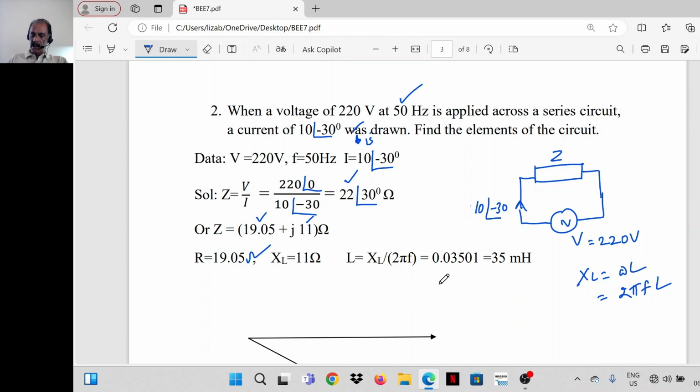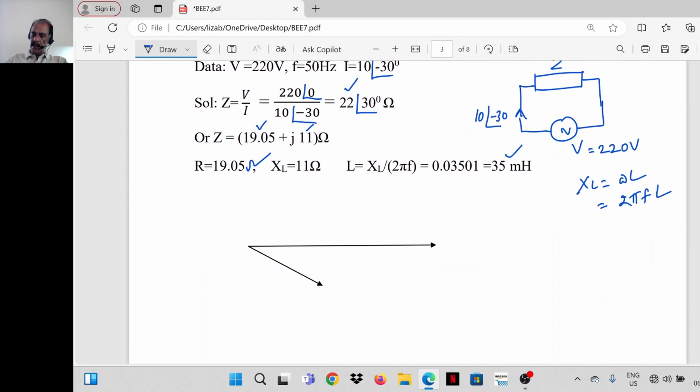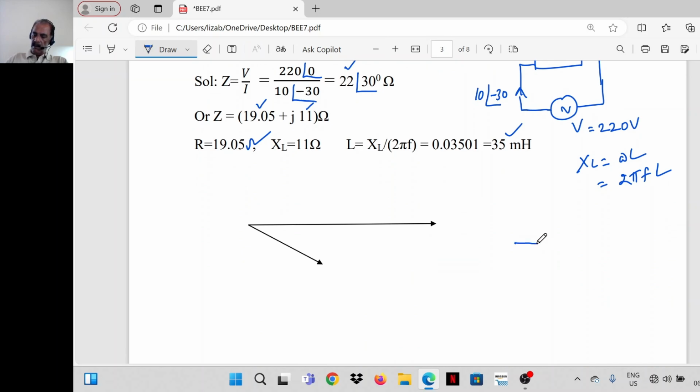We get 0.03501, or approximately 35 millihenries. So the series circuit has a resistance of 19.05 ohm and an inductor of value 35 millihenry.